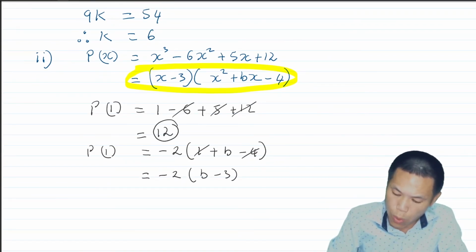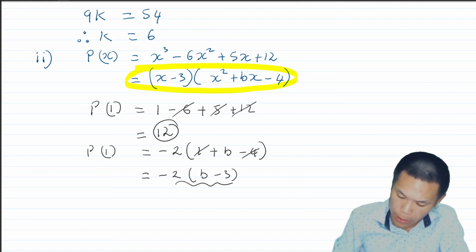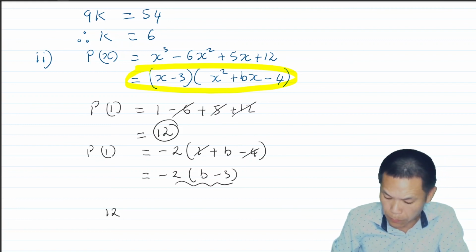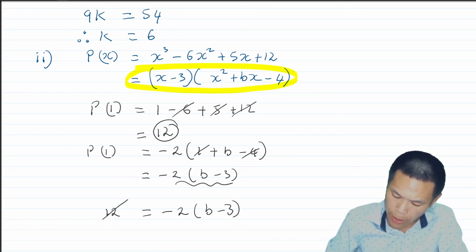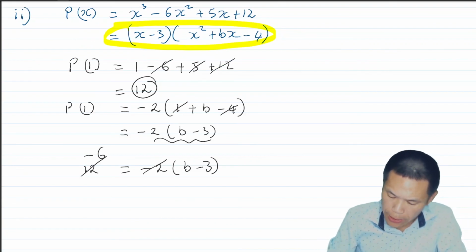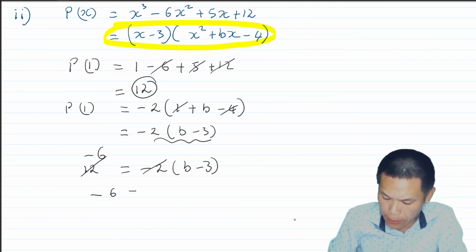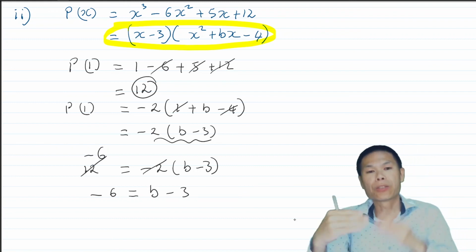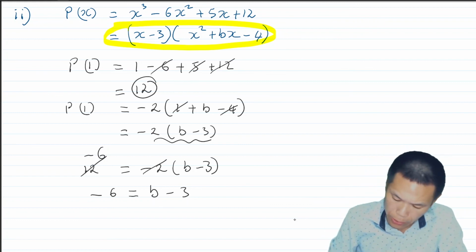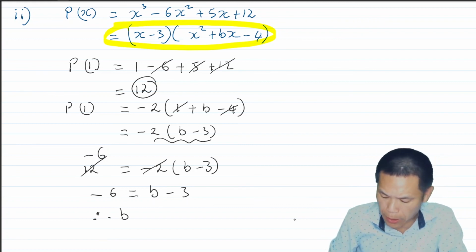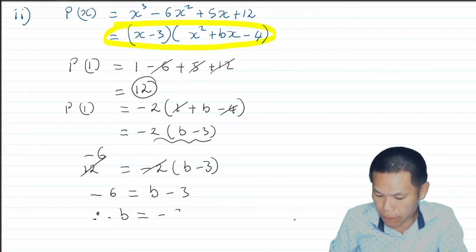I just go 12 is equal to negative 2 times (b minus 3). So we divide this, and that gives me negative 6 is equal to b minus 3. So therefore, I add 3 on both sides. So therefore, b is equal to negative 3.